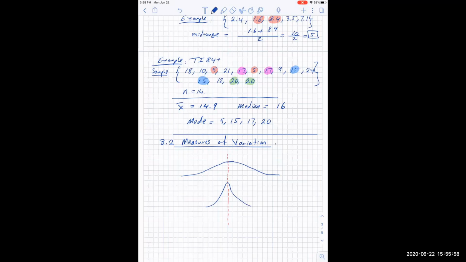So these two samples, this is sample 1. And this is sample 2.